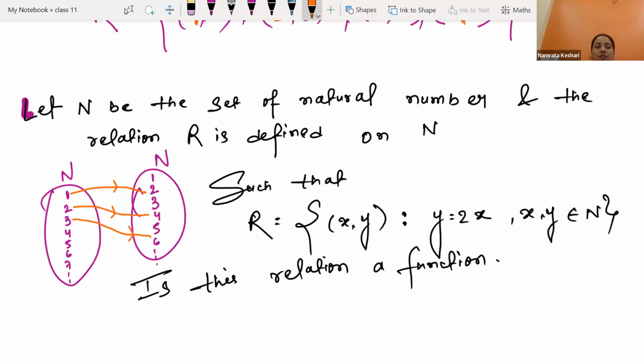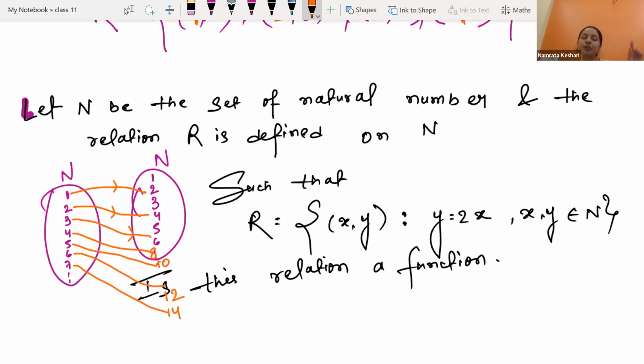If x is 4, y will be 8. If x is 5, y will be 10. If x is 6, y will be 2 times 6, which is 12. If x is 7, y will be 14. Now we need to check whether it is a function or not. Rule number 1.